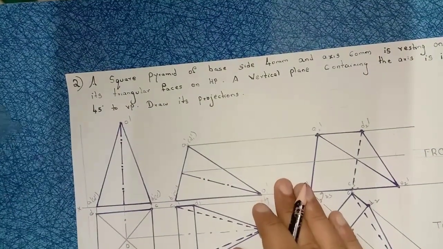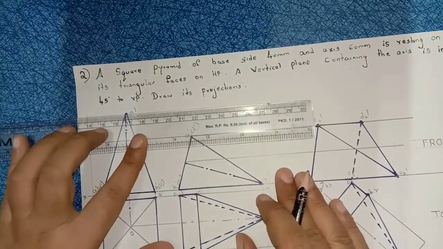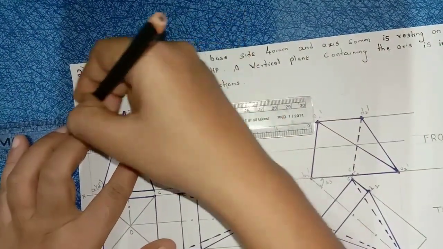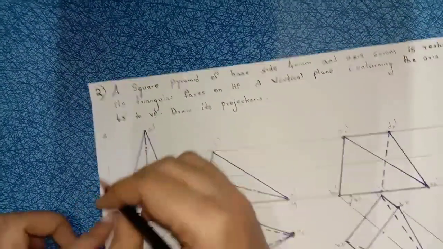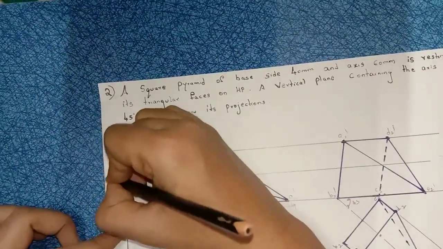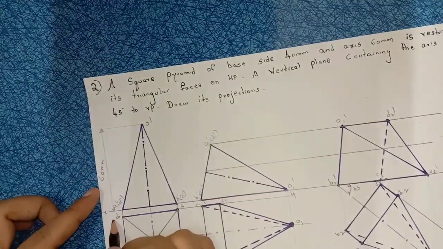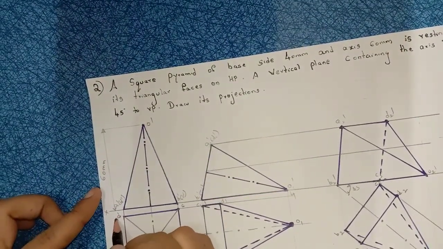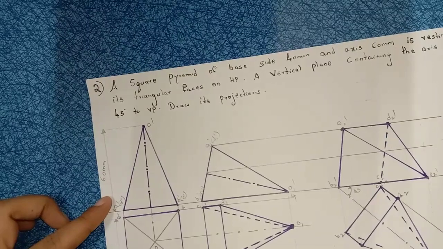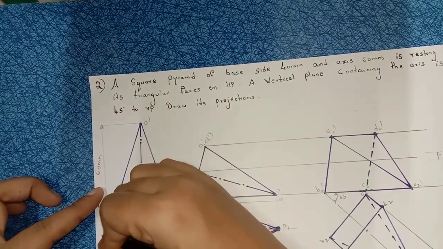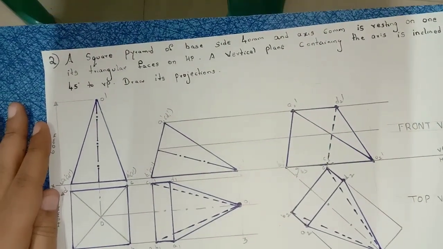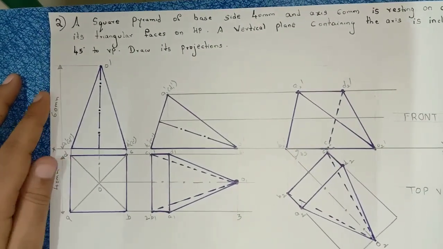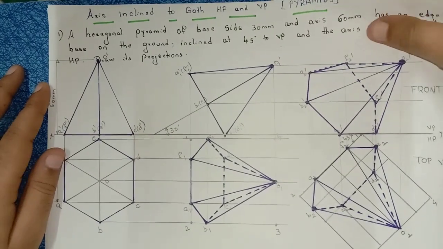Take axis height 60 mm. This is your axis height 60 mm. So length of the square they mentioned here 40 mm. So this completes your problem. This is your square pyramid and this is your hexagonal pyramid.